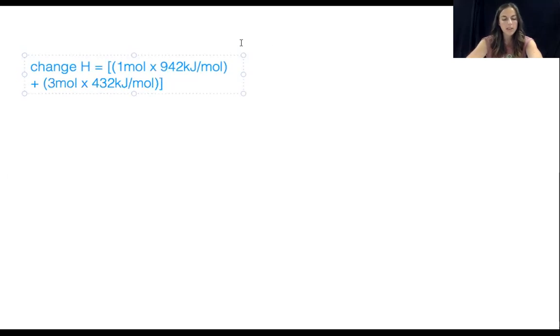So we added everything on the reactant side, and now we're going to subtract everything on the product side. So you have a big set of parentheses again, and you have your 6 moles of your nitrogen to hydrogen single bonds, and that was 386 kilojoules per mole.